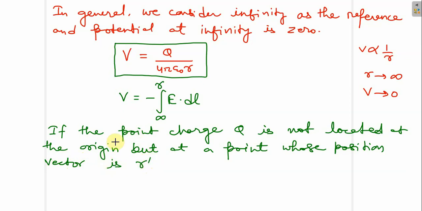Instead of the point charge being located at the origin, it is located somewhere else, whose position vector is r dash.